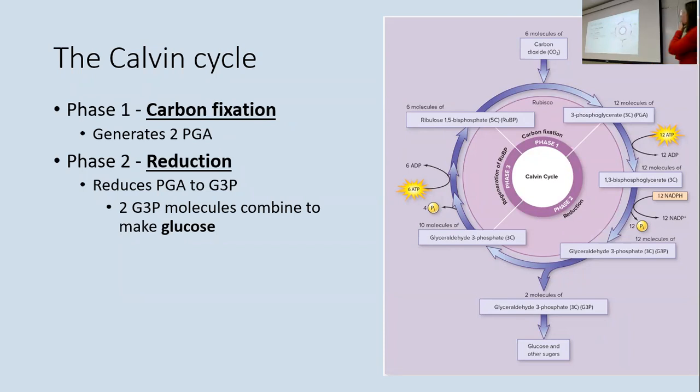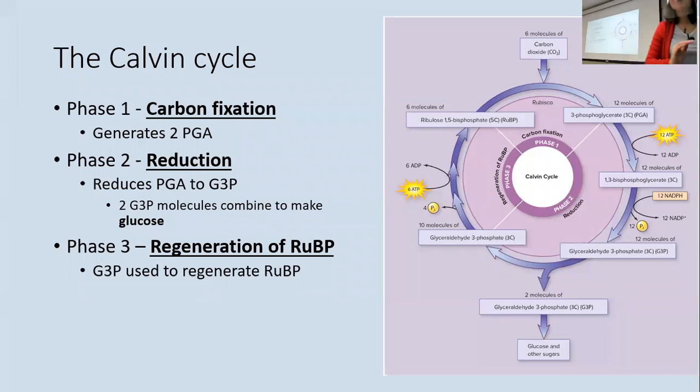The rest of it, if you remember, this happened in the Krebs cycle too, right? We only had a couple carbons to break off in the Krebs cycle, and then the rest of it was just making oxaloacetate again. Similar thing in the Calvin cycle, right? We fix our CO2, break that molecule apart, zhuzh it around, make a glucose. The whole rest, phase 3, is just making RuBP again, right?